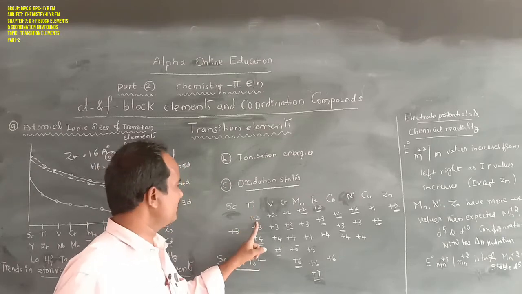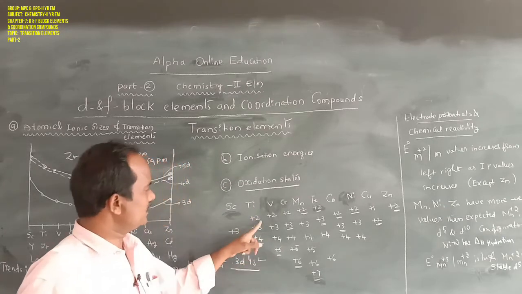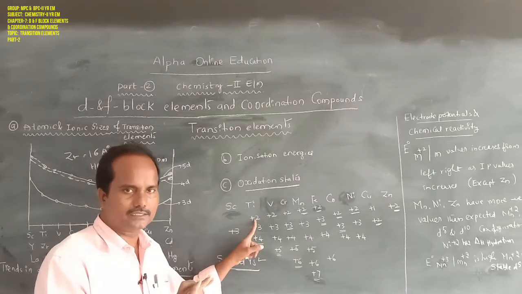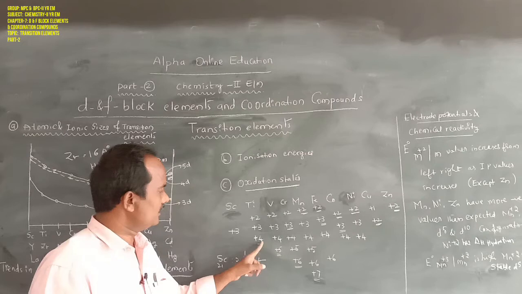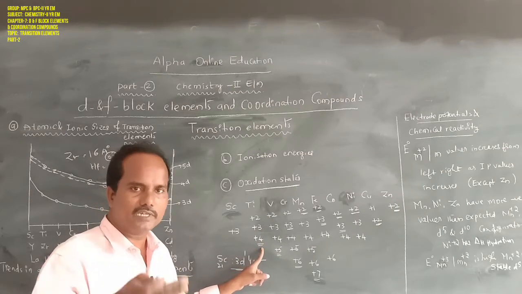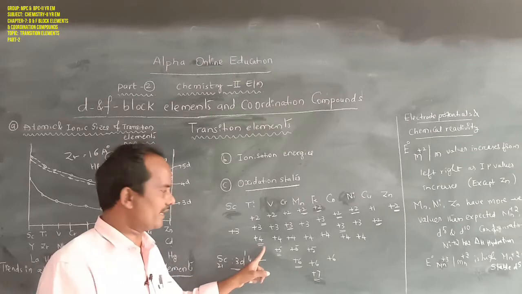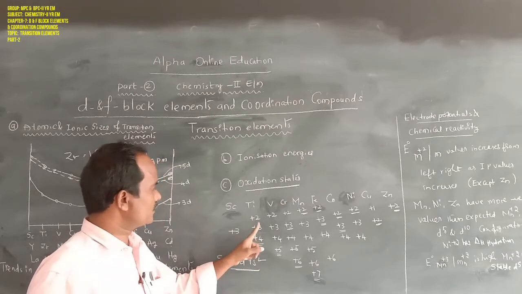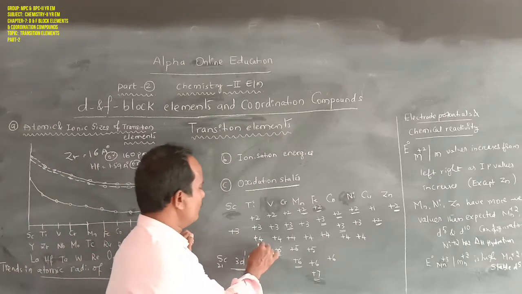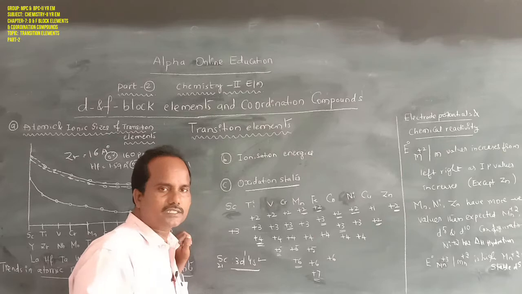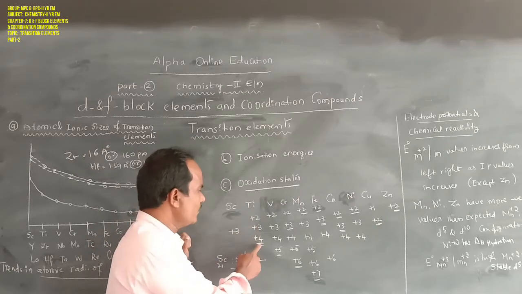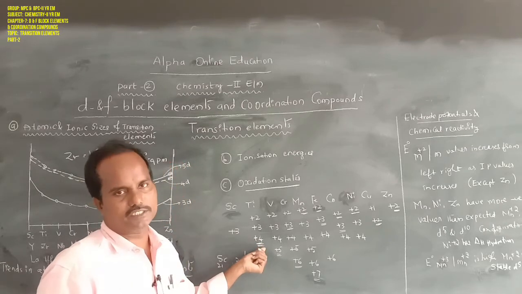Titanium exhibits +2 only when the s electrons are involved. Then for +3 and +4, the (n-1)d electrons are also involved, so it exhibits +2, +3, +4 oxidation states. But +4 is the very common and stable oxidation state of titanium.